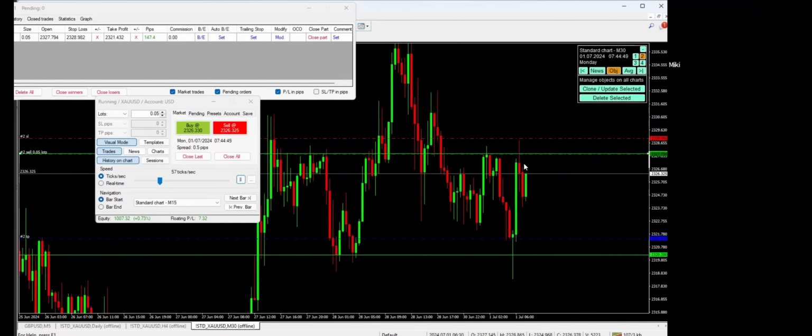Now, if we break this high, I'll probably get out of the trade. Probably going to break this low. It's a nice top wick there. Looking at the pips.